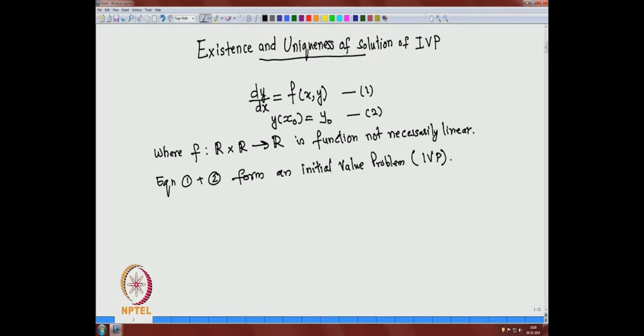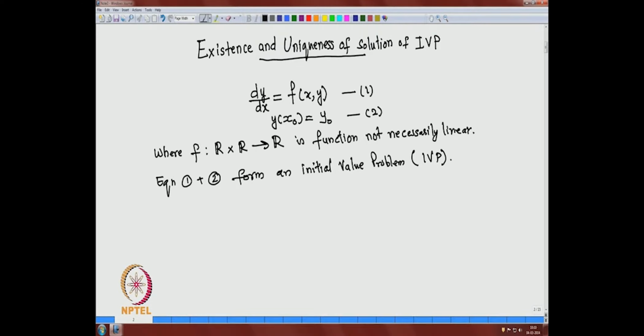Now this first order differential equation could be a model derived from a physical system, and a very important question once a model of this form is framed is: does there exist a solution to this equation?